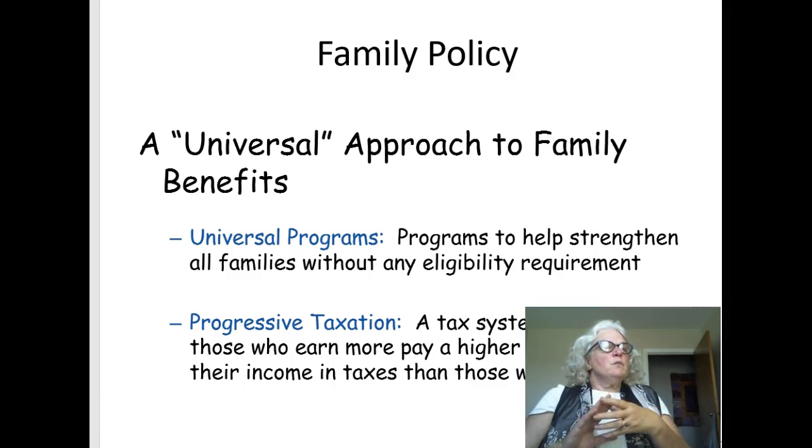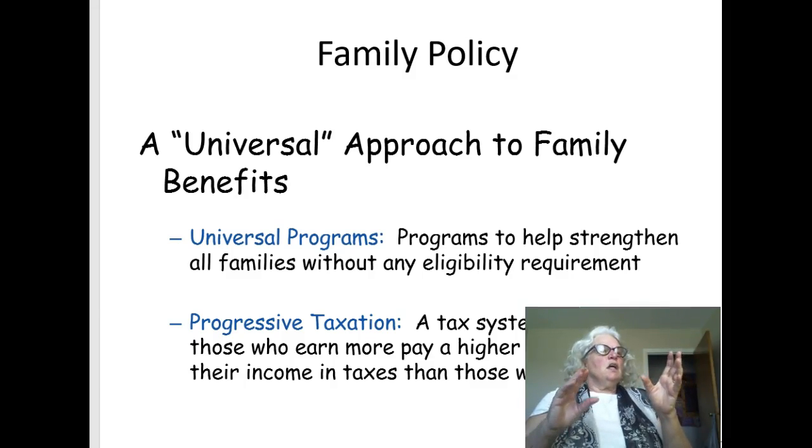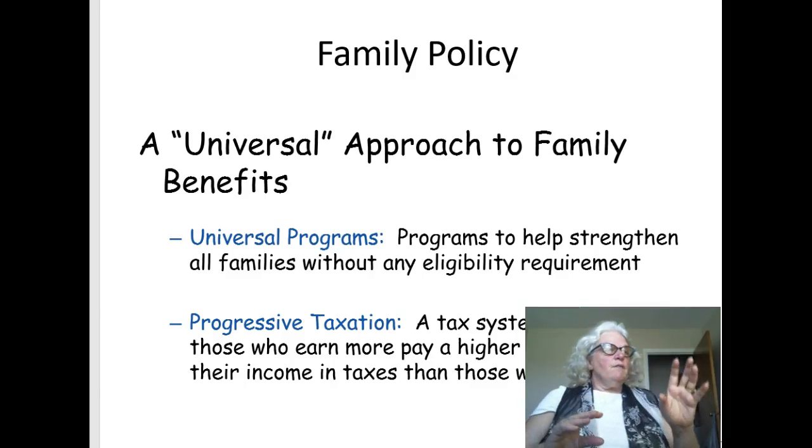So family policies. A universal approach to benefits is when we have that universal plan, everyone qualifies. The universal programs help strengthen all families regardless of their eligibility. In other words, we can have a child care center that would be open for everyone, or an after school center, and everyone would qualify just based on the general statement that they needed that service, instead of saying who's got the money and who doesn't have the money.